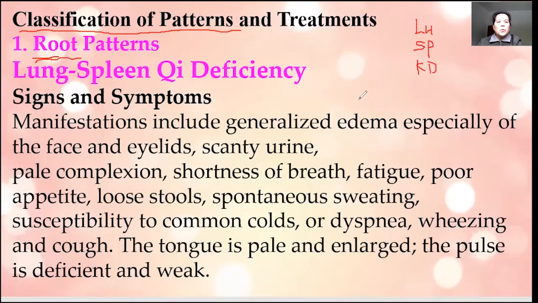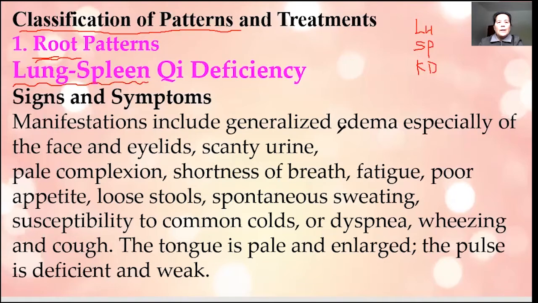So for the children we were talking about before, their organs are always different, especially the lung and the spleen. Basically the pattern will show qi deficiency symptoms.